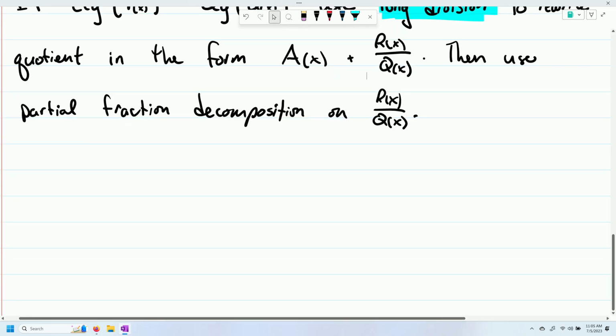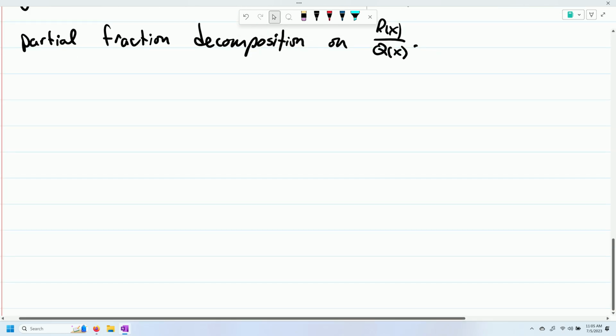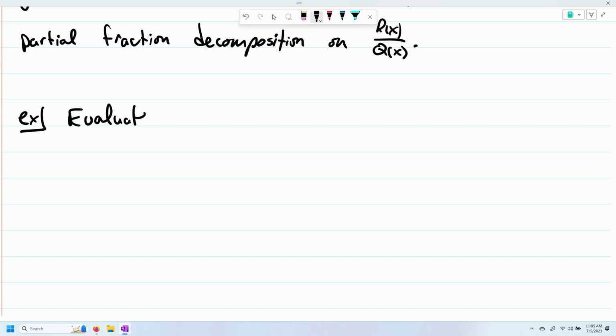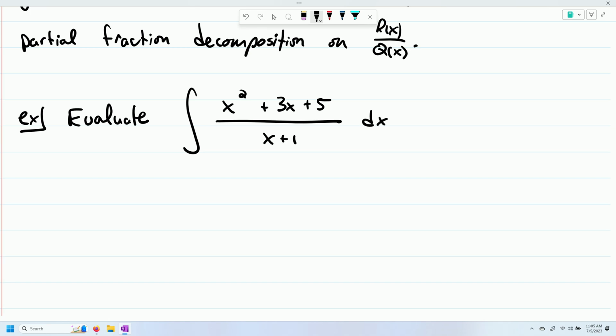So here's the problem we're going to be looking at. Let's evaluate the integral of x squared plus 3x plus 5 all over x plus 1 dx.